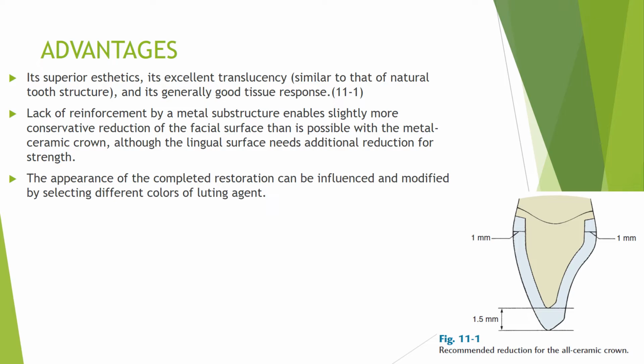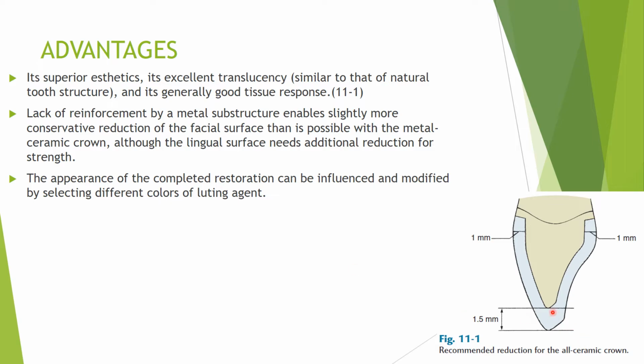Alright, coming to the advantages, of course it has superior aesthetics and excellent translucency, similar to the natural tooth structure. Generally it has a very good tissue response. The lack of reinforcement by the metal substrate enables slightly more conservative reduction of the facial surface than is possible with the metal ceramic restorations.